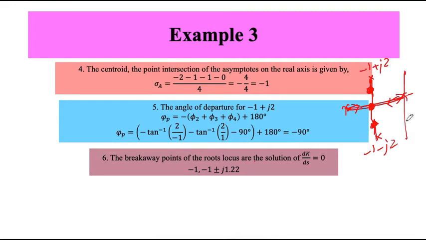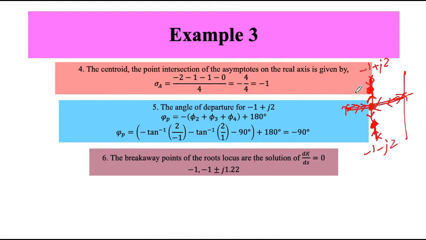One is at minus 1 and another 2 over here. So this guy will come here, this guy will come here, they will break away, then they meet. These two will meet here, then one will go this side, one will go this side, then they will meet. These two will meet at this point, and then they will depart. Similarly, this will come here, this will come here, then they will move.